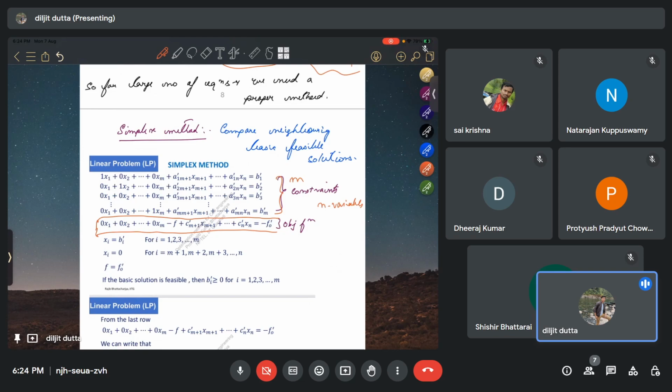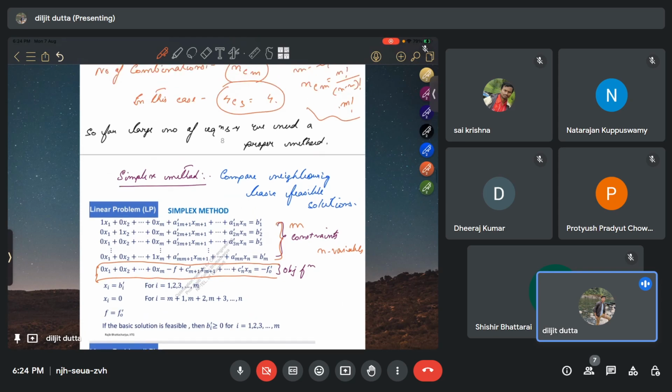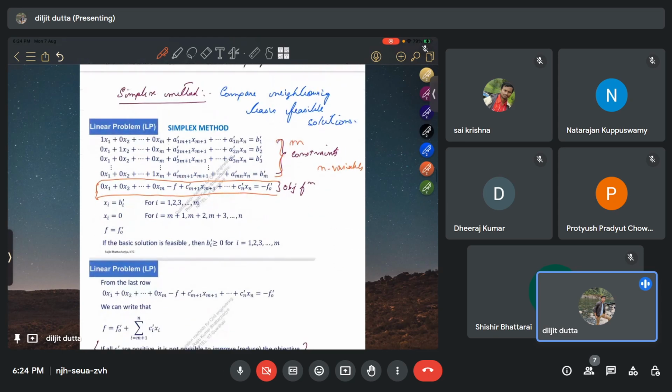We have written the objective function in this way because, as I think I have already shown in the last class, the objective function might be a function of all the x1 to xn, but after doing the row operations we are getting the objective function in this format, that is minus f plus c dash, in the form of non-basic variables. So the objective function will finally be a function of the non-basic variables, and we have to optimize this function.